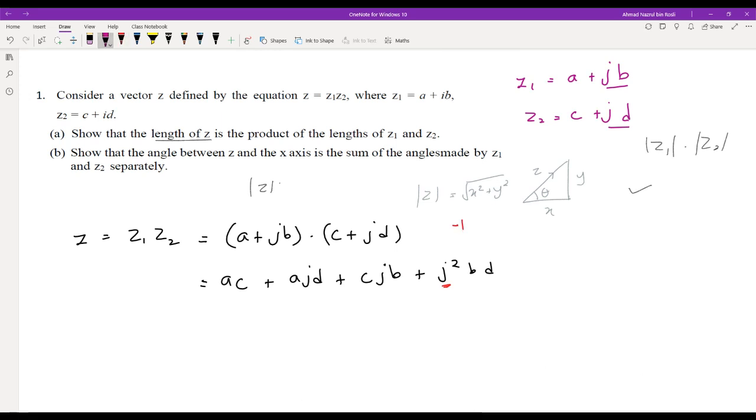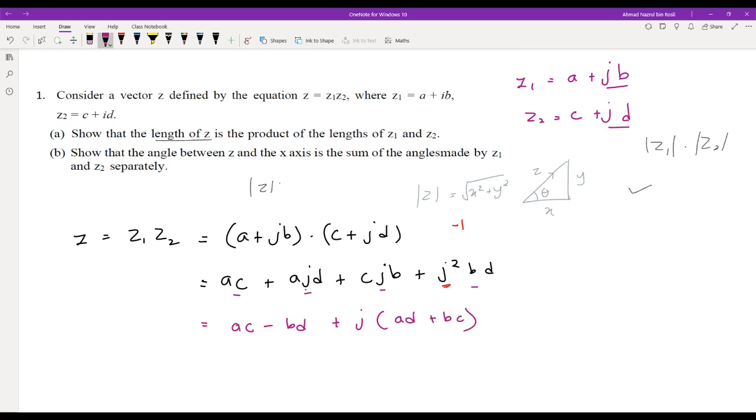So we have here the real part and the imaginary part. So this becomes the real part: AC minus BD, since J square is equal to minus 1. And then plus J times AD plus BC.